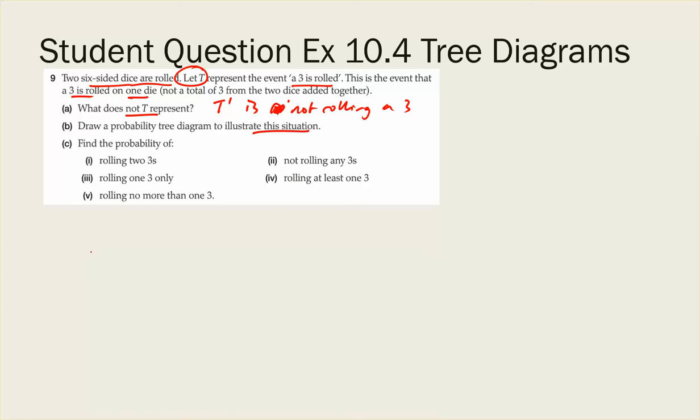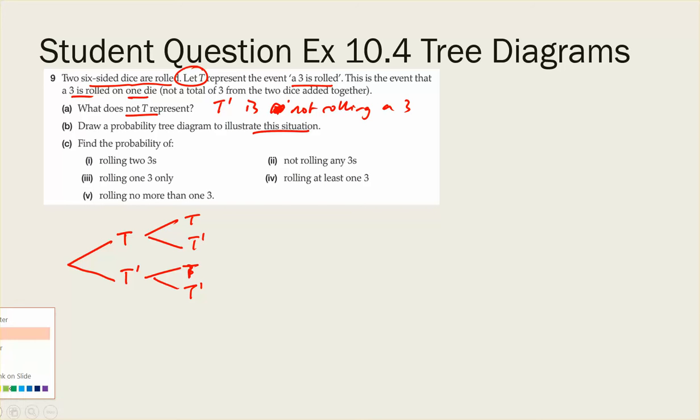So we can have two branches: a 3 is rolled, or a 3 is not rolled. The second roll again has a 3 rolled or not rolled.